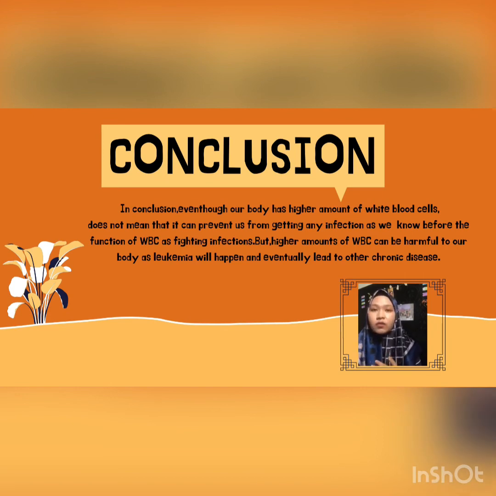As we all know, white blood cells function to fight infection, but when we have a higher white blood cell count in our body, this will lead to other problems, as we mentioned before. The bone marrow will undergo DNA mutation, so other cells such as red blood cells and platelets do not grow in a normal way.